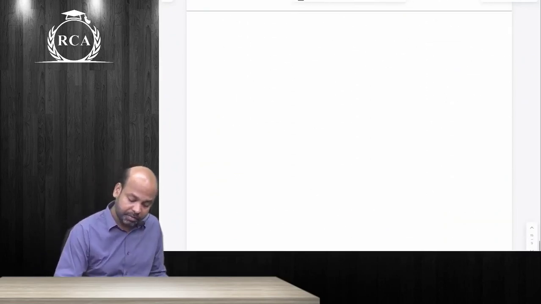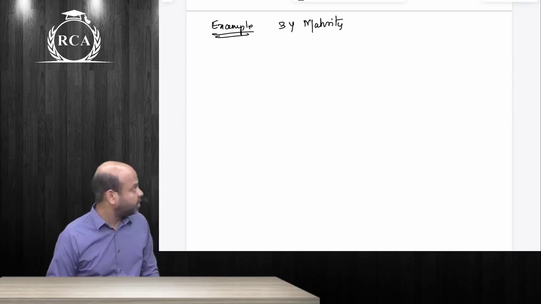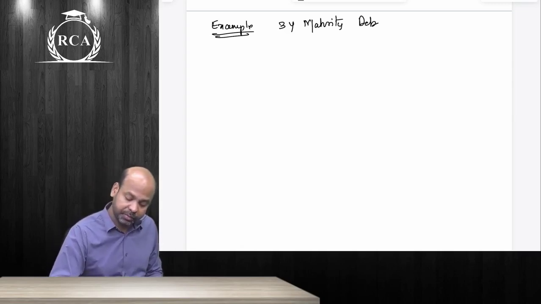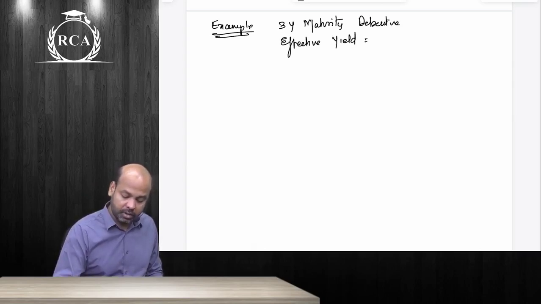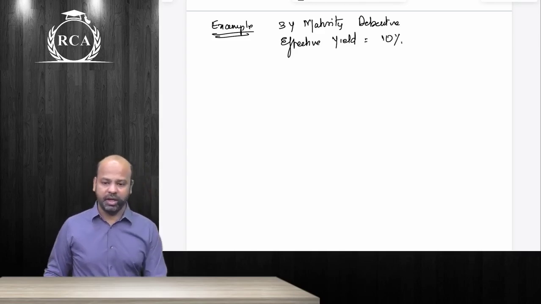Example: a 3 years maturity debenture. Effective yield is 10%.